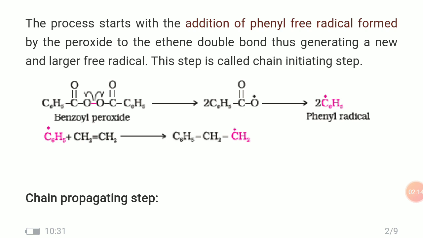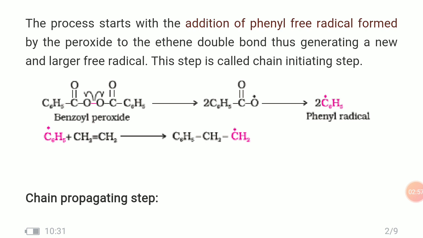This bond is broken and homolytic fission occurs. That is why each of the two oxygens gets one electron, and the radical is formed. After this radical is formed, one CO2 molecule is removed from it and the phenyl radical is formed.